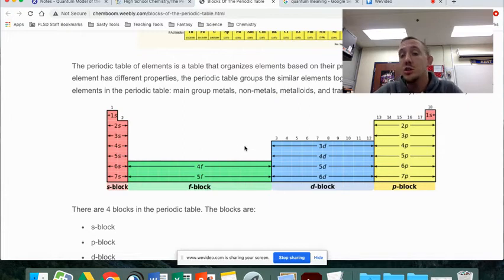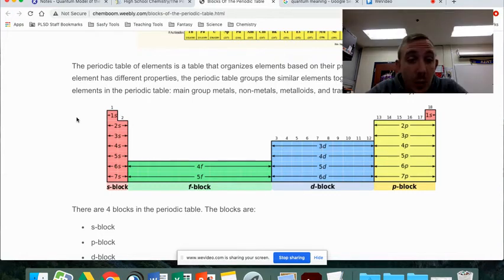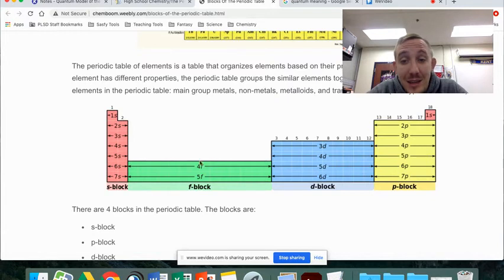Now, this is where it starts getting tricky, and on Friday, I'm going to explain why in our video chat. We get to 3d. Then we go to 4p. Then we go to 5s, 4d, 5p, 6s, 4f, 5d, 6p, 7s, 5f, 6d, 7p.